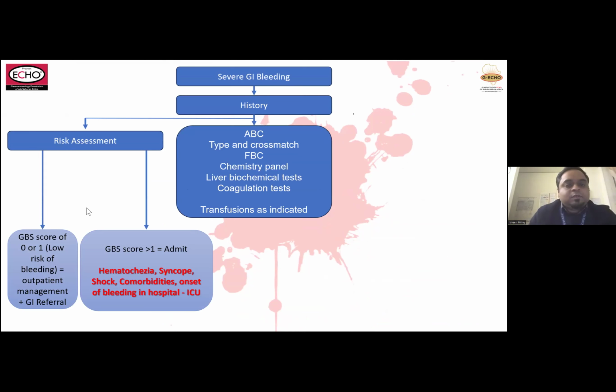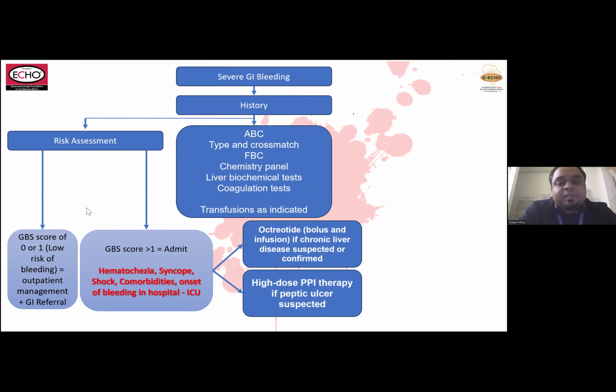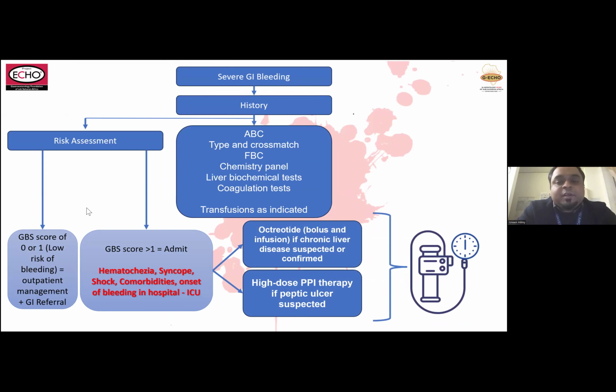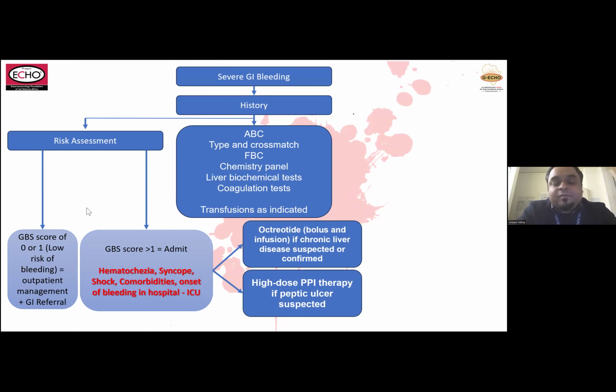ICU also, if they have hematochezia, syncope, shock, comorbidities, or onset of bleeding in hospital, these patients can be considered for management in an ICU setting. Initially, you would not know the cause of GI bleeding. So is this variceal or non-variceal?